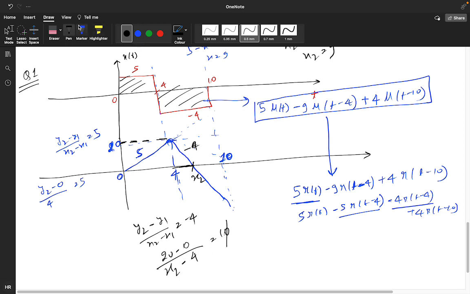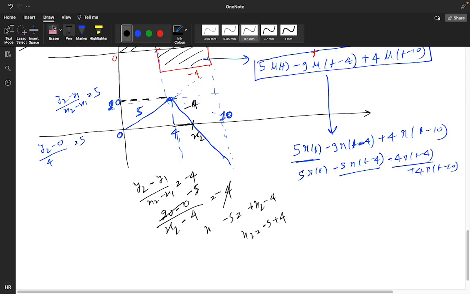Yeah, it's minus 4, na. So this will give you minus 5. So minus 5 is equal to minus x2. Oh, the negative sign we already took. So plus x2 minus 4. So the x2 value you will get is minus 5 plus 4.